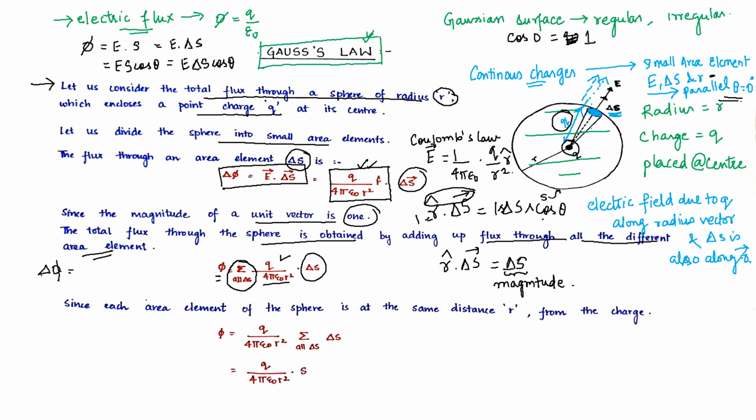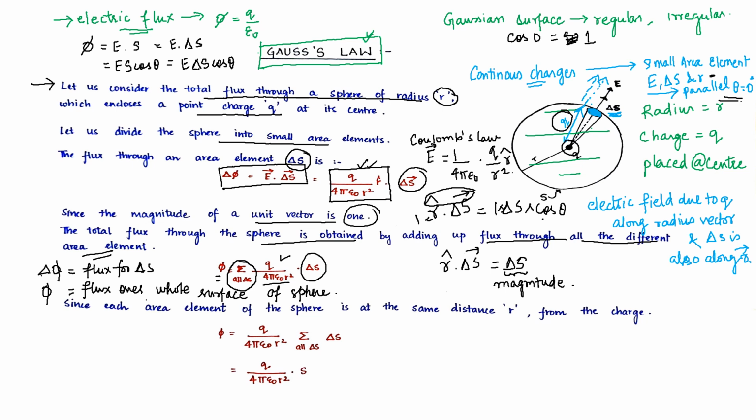Del xi denotes flux for del S, whereas xi denotes flux over the whole surface of the sphere.